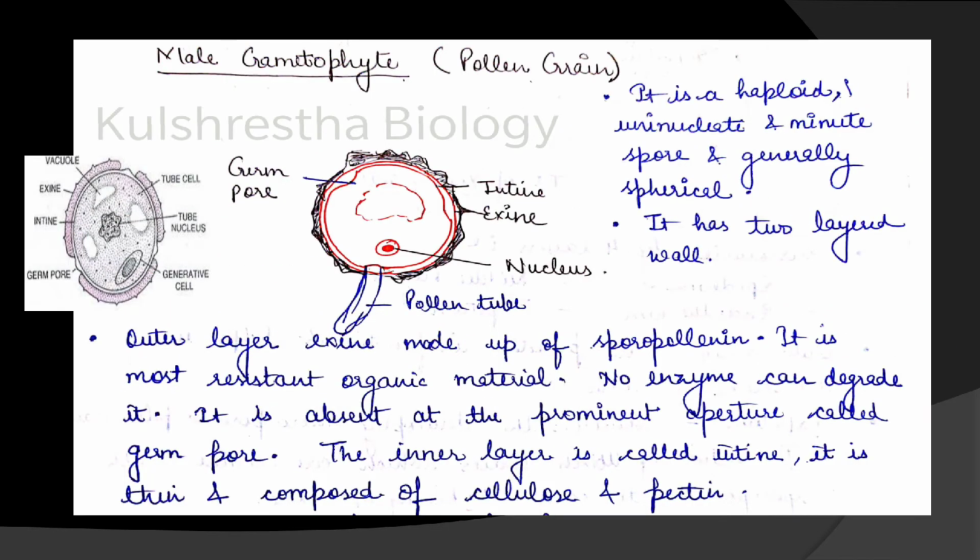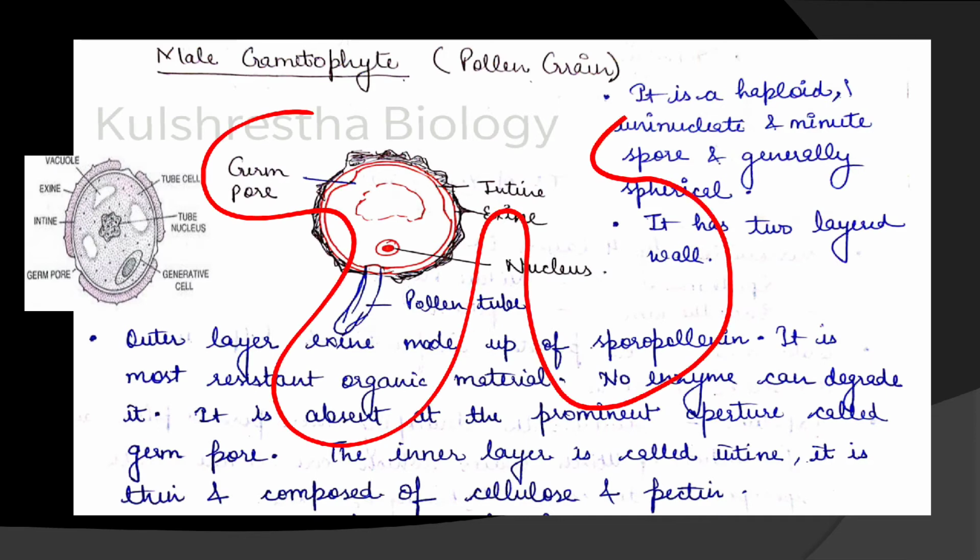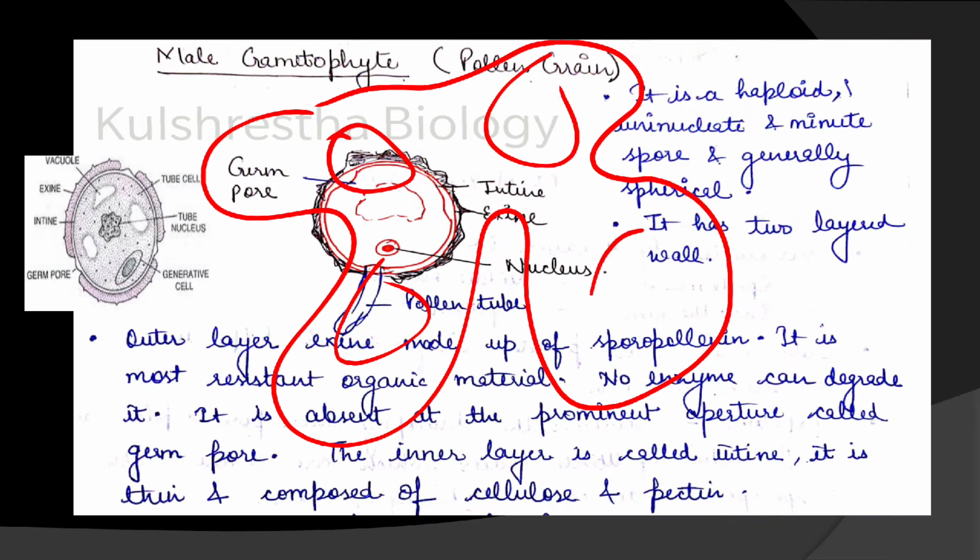Okay, now about the male gametophyte. Till pollen formation, everything is clear to you. Again I am repeating that if you see the TS of the anther, you will see 4 microsporangia. Inside the microsporangia, sporogenous tissue takes its place.